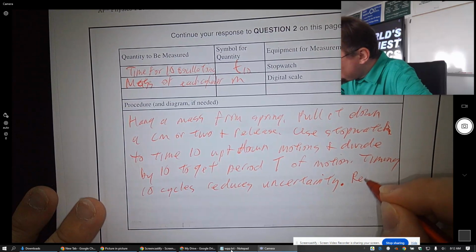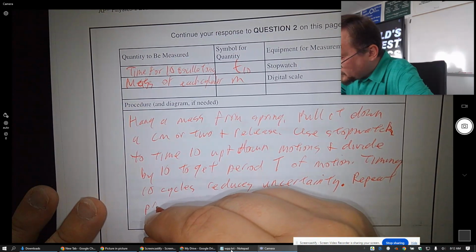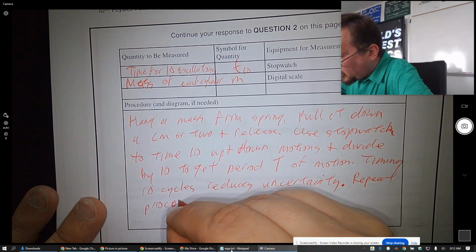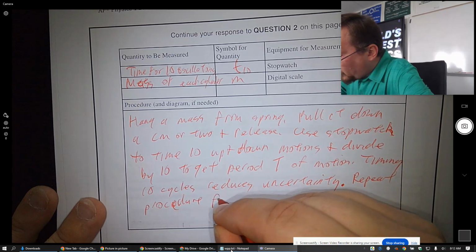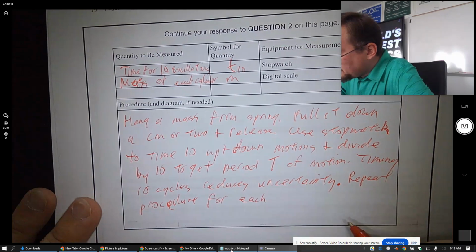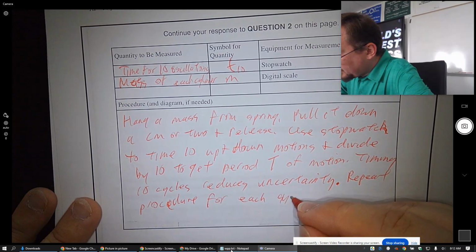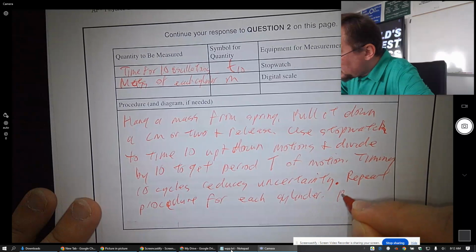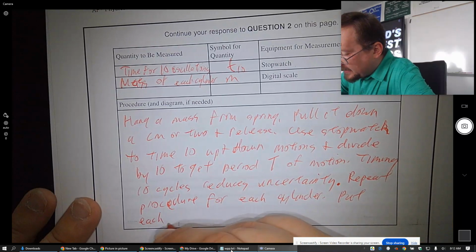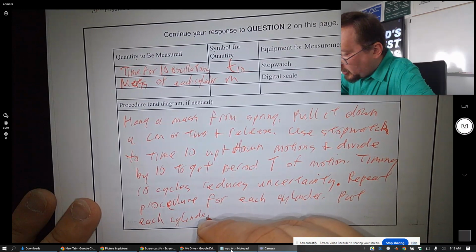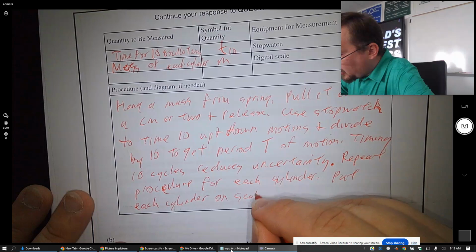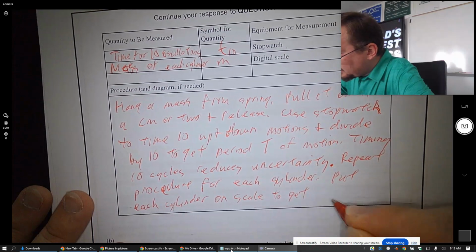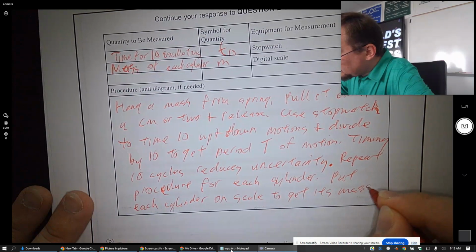Okay, then repeat the procedure for each cylinder. Put each cylinder on the scale to get its mass.